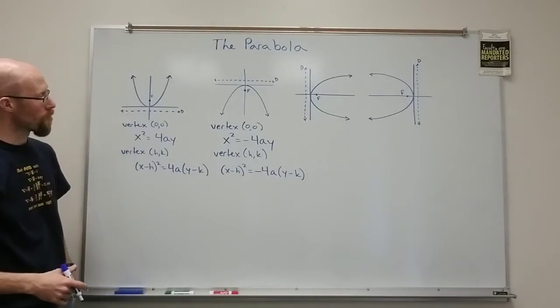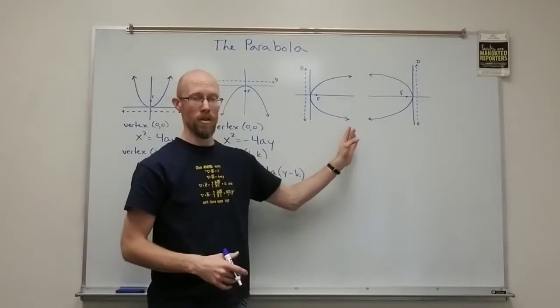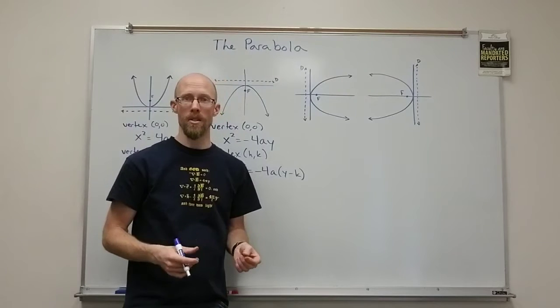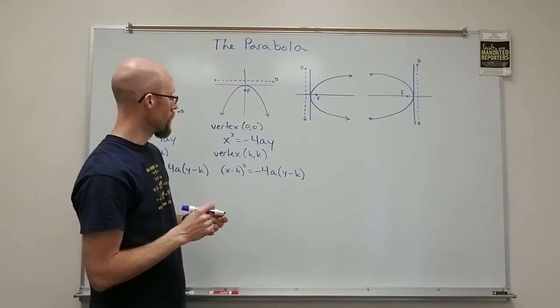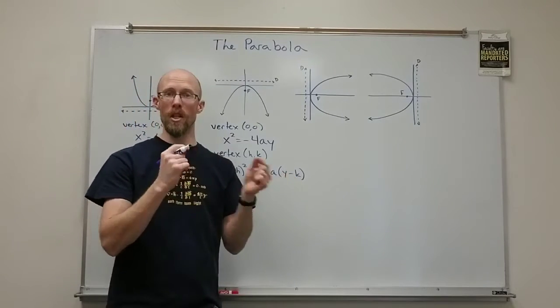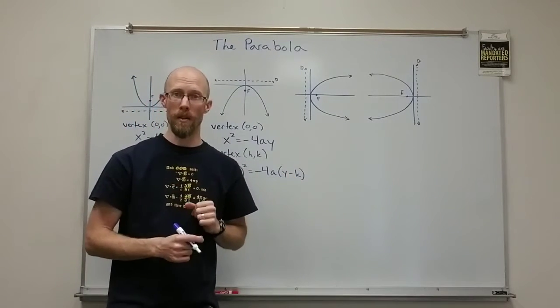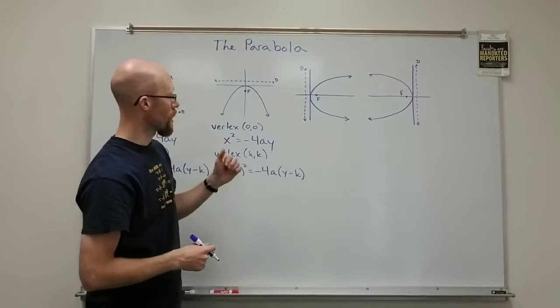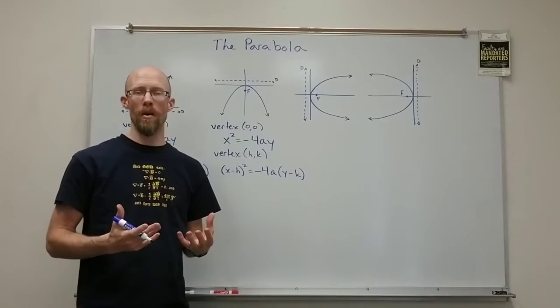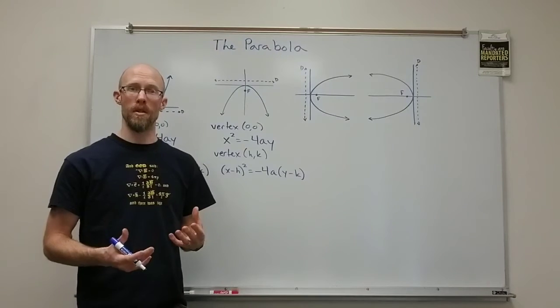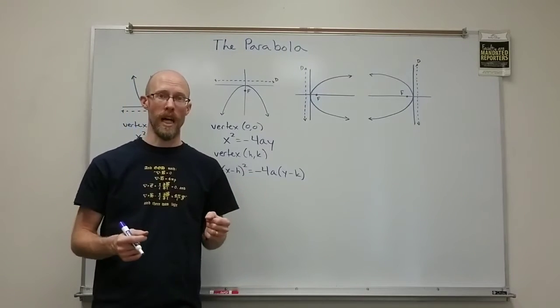And now, if we were to open this parabola to the right or to the left, you can imagine that the only real change is going to be the interchanging of the variables. And so what we end up with is basically an inverse situation, although now we're not really concerned with whether this is a function and passes the vertical line test.